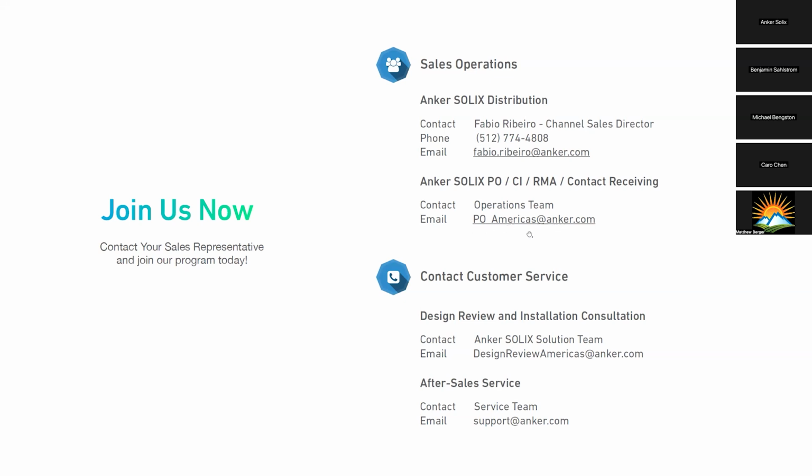And then for customer support, we have a dedicated customer support team down here, support@anker.com. And we also have a design review America's account as well. So when you guys have your single line diagrams, you can submit them to us to review them, and we can help you to make sure that everything's been set up correctly per our standards.